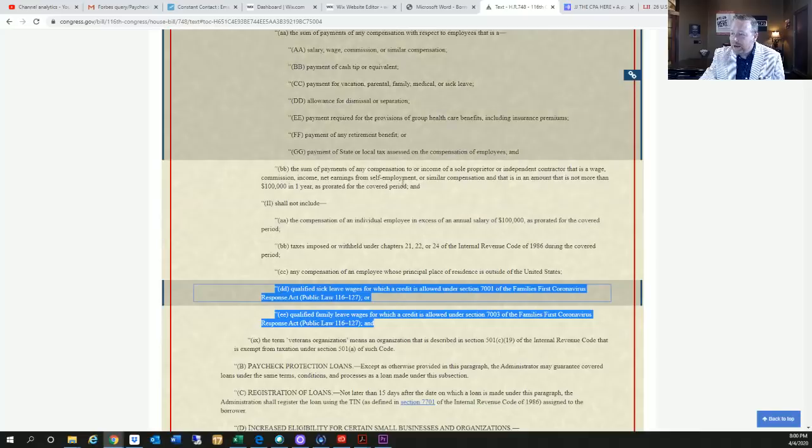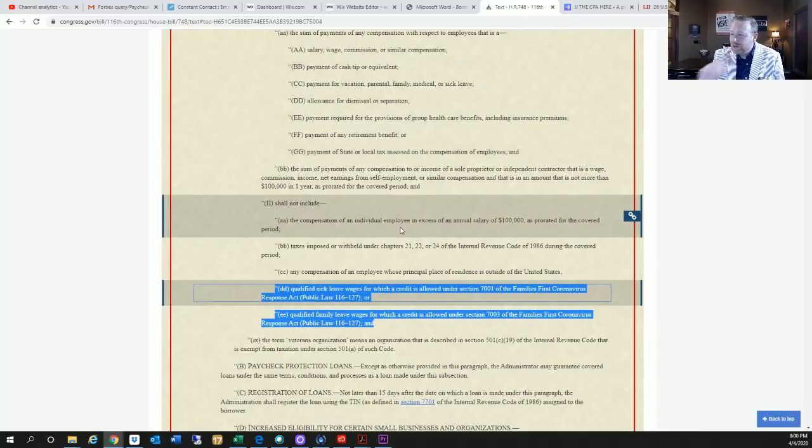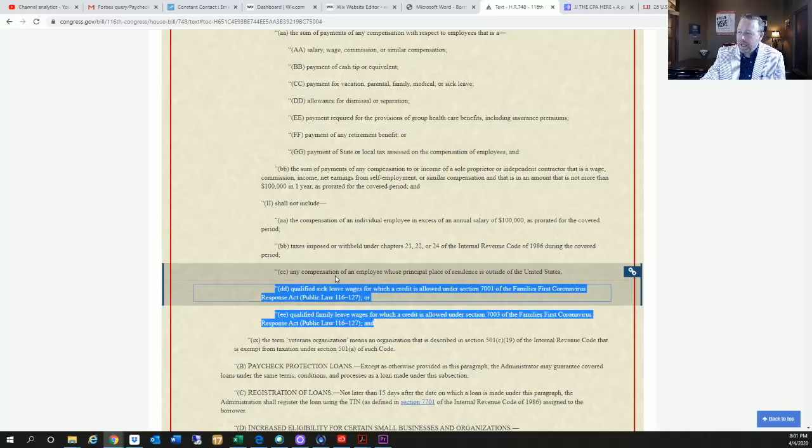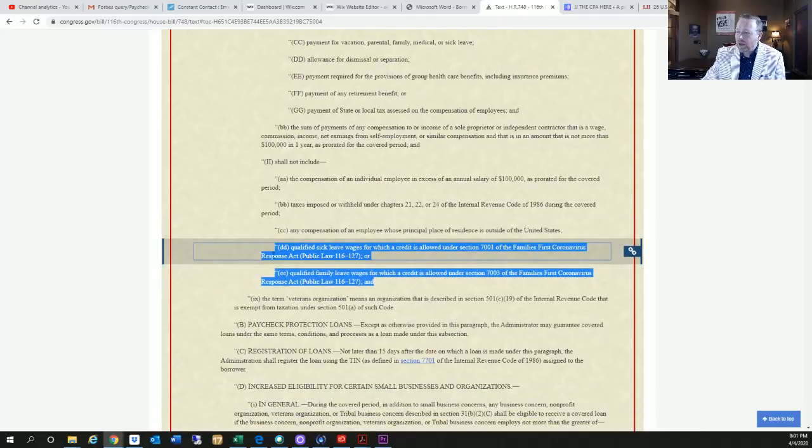So right here, it does not include compensation to individuals with an annual salary over 100,000, taxes imposed, any compensation of an employee placed outside the U.S., qualified sick leave wages for which a credit is allowed, qualified family leave wages for which a credit is allowed.